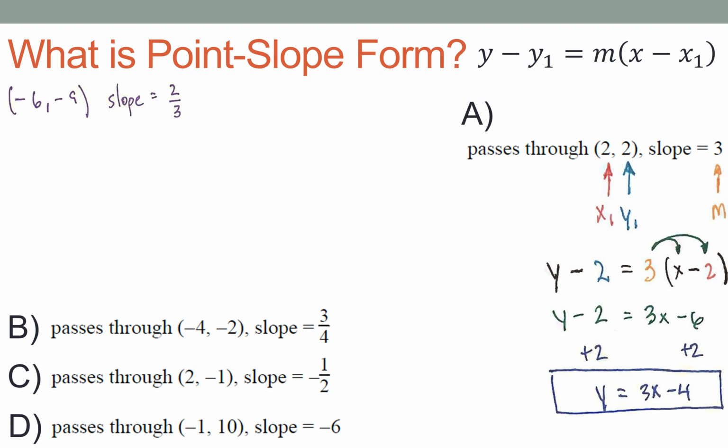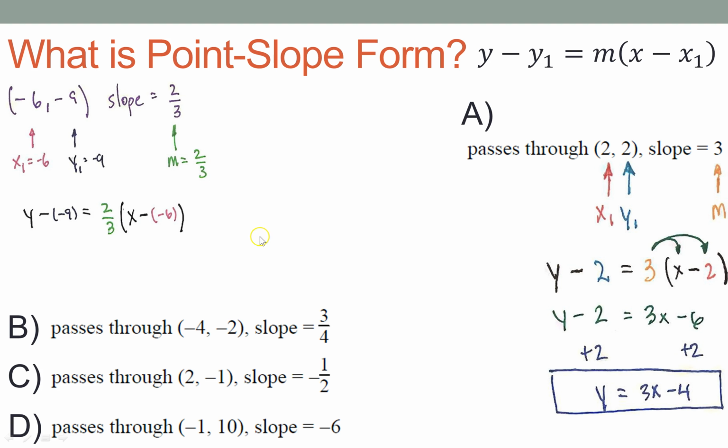Here x1 is negative 6, y1 is negative 9, and our slope m is 2/3. Substituting in, y minus negative 9 equals 2/3, open parentheses, x minus negative 6, close parentheses.